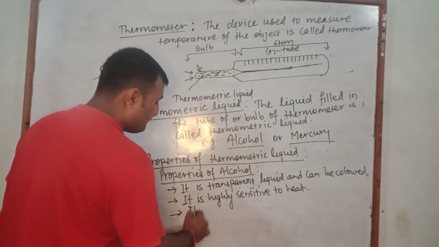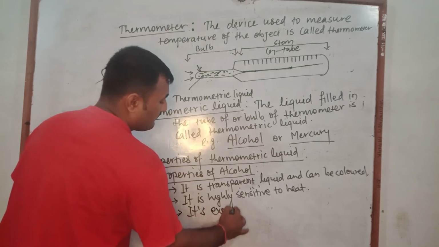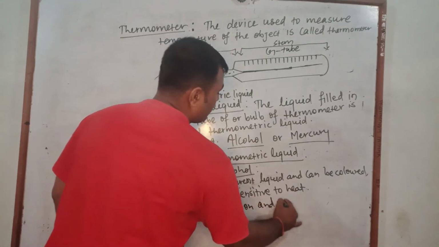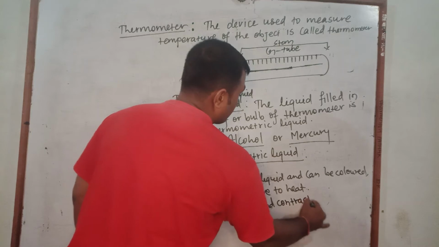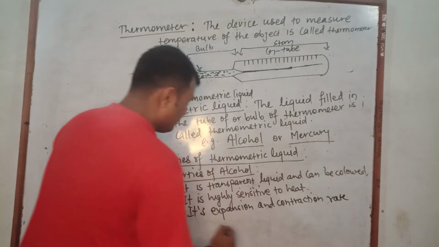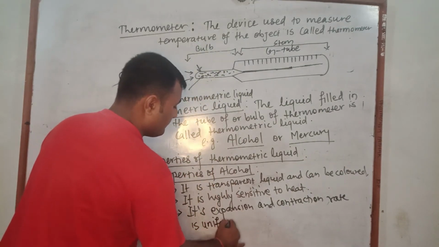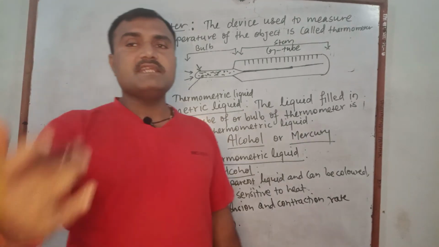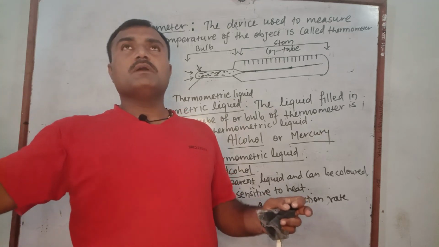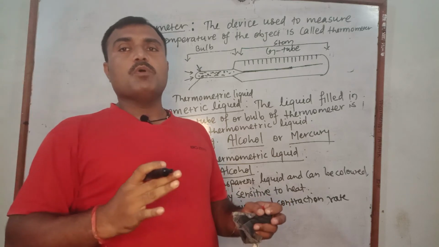Other is here its expansion and contraction rate is uniform. When a rise in temperature takes place, then alcohol expands in volume. When a fall in temperature takes place, then it contracts in volume.